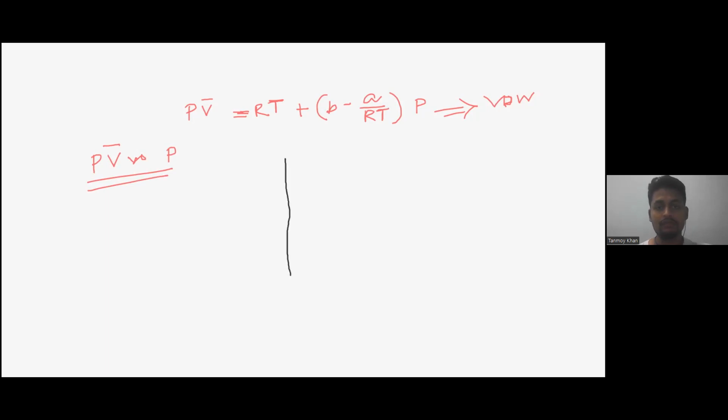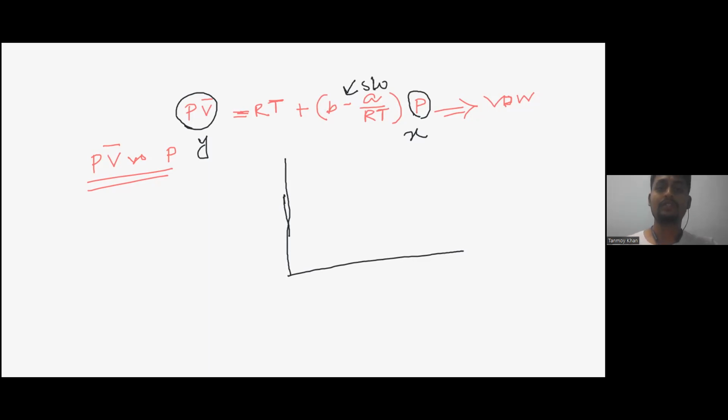So you know this. This is nothing but the Y. This is nothing but the X, right? And this is your slope. Obviously, whenever I am talking about PV bar versus P, the temperature T is always constant, right?